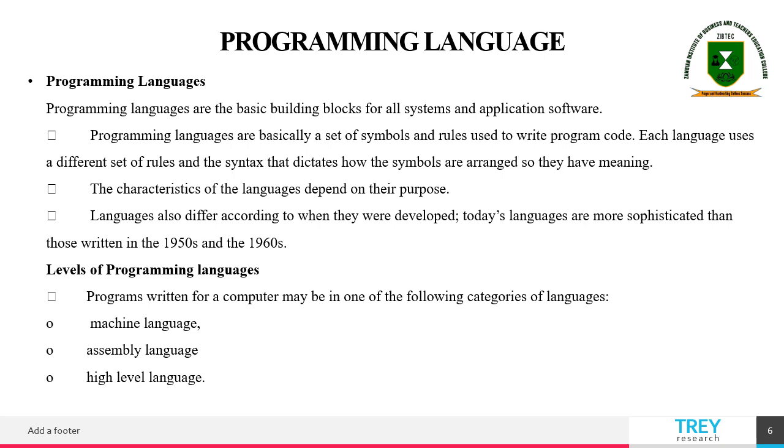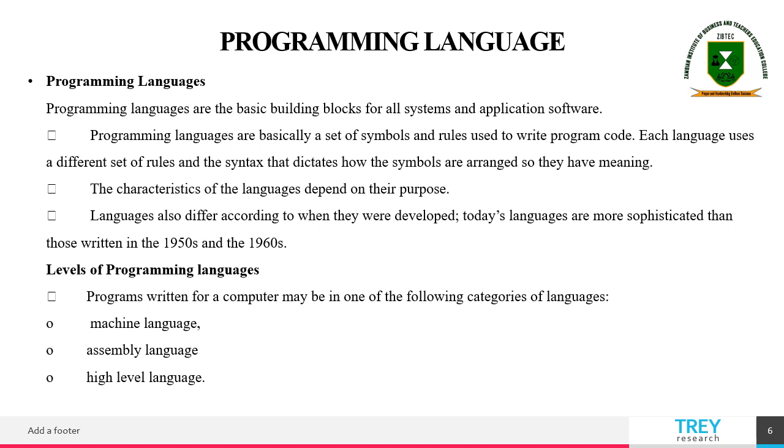One of the major differences that I keep on repeating is that application software is software that depends on the system software for it to run, but the system software doesn't depend on the application software for it to run. Okay, take note of that.